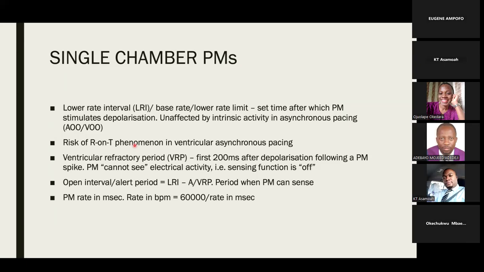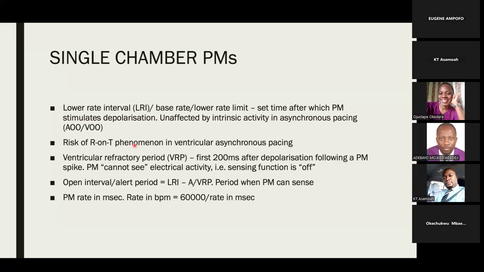Now we have the ventricular refractory period, which is usually the first 200 milliseconds after depolarization. And the reason for this is that even though the pacemaker fires the impulse, the lead may then go ahead and sense the impulse that has just been fired.